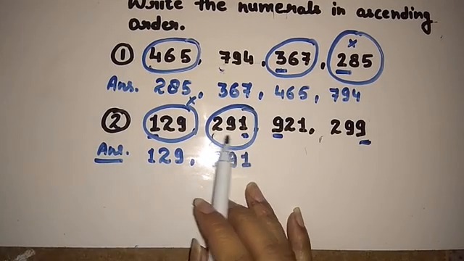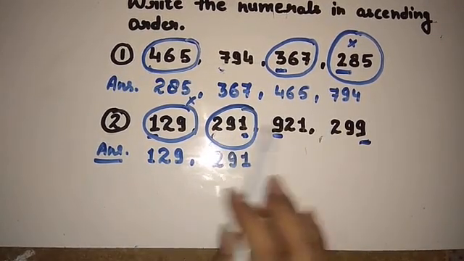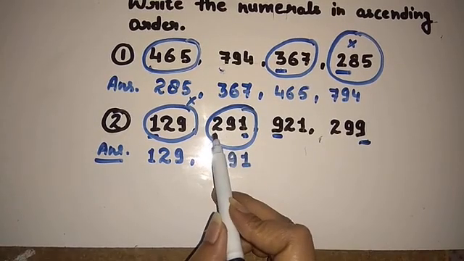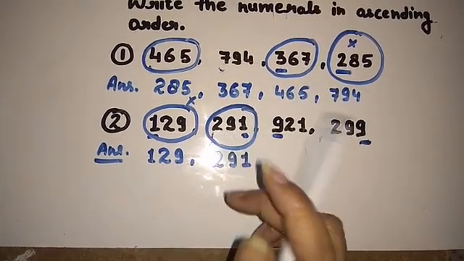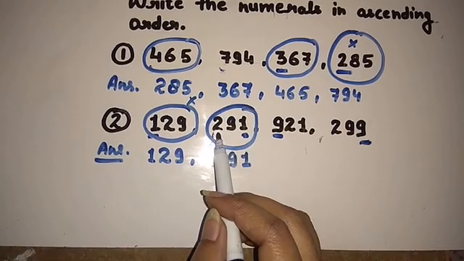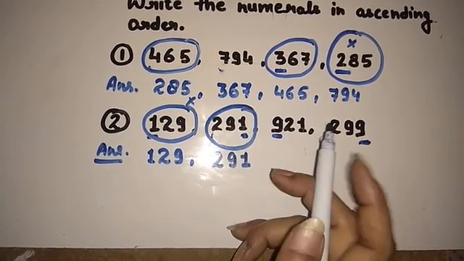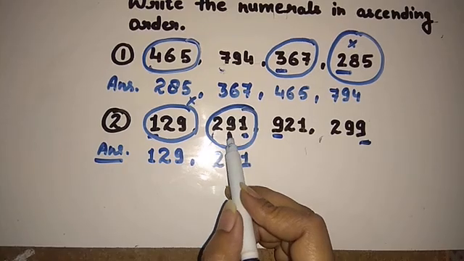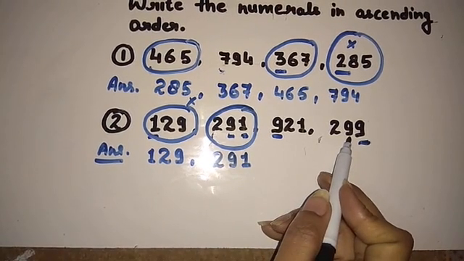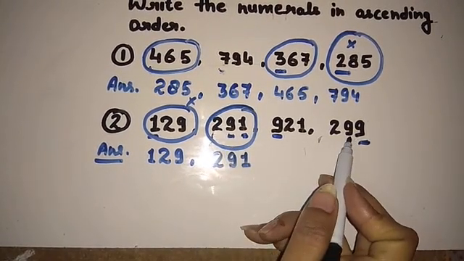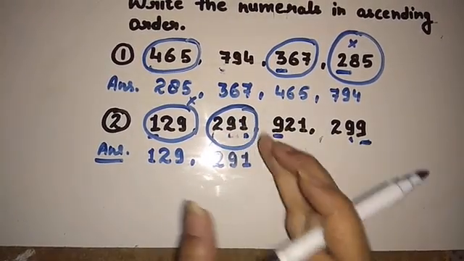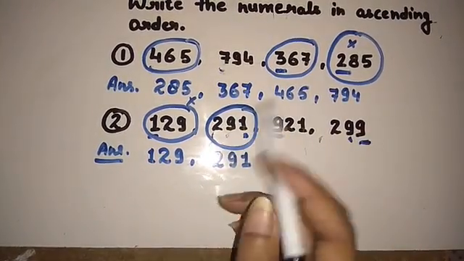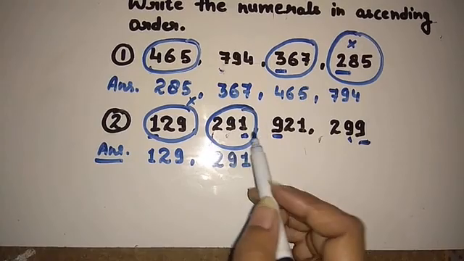Again, one more time I am going to explain. See students, in both numbers the digit at the hundreds place is 2. So we check the next place value, tens, and here 9 is given, there also 9 is given. Now the same digits are given, so we check the next place value, the ones place.